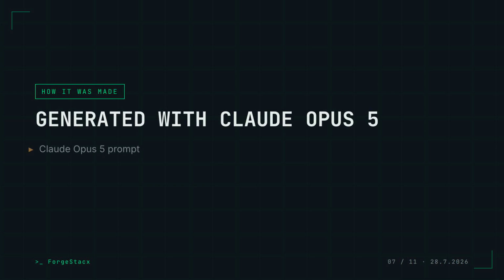Here is where it gets wild. One commenter, Exters, shared the exact prompt used to generate PGSimCity with Claude Opus 5. The prompt started with "You are a veteran Postgres hacker and expert," then asked for a 3D visualization of how PostgreSQL works for the browser.